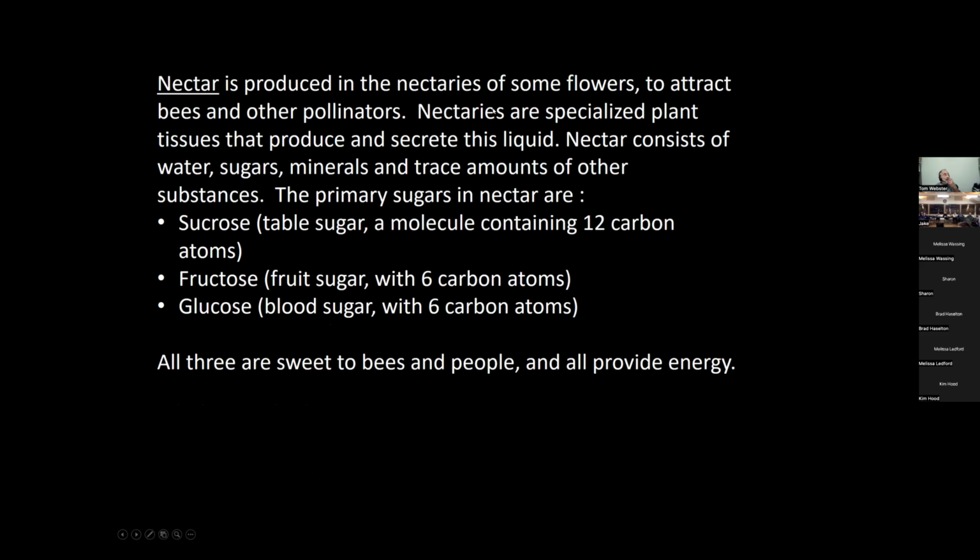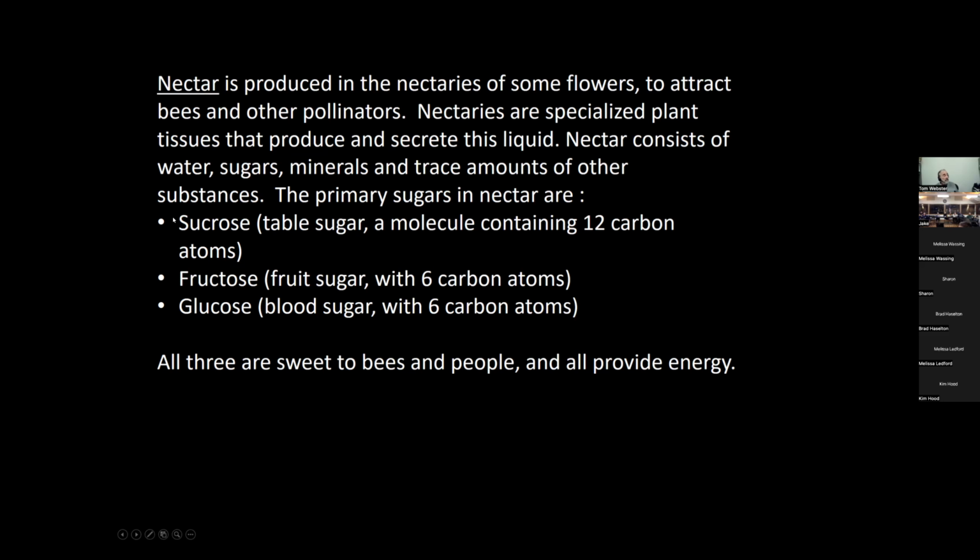So nectar is produced in the nectaries of some flowers to attract bees and other pollinators, and it consists of basically water, lots of water and sugar mostly, and then smaller amounts of minerals and little bits of amino acids and aromatic materials, things that give color and aroma to the honey.